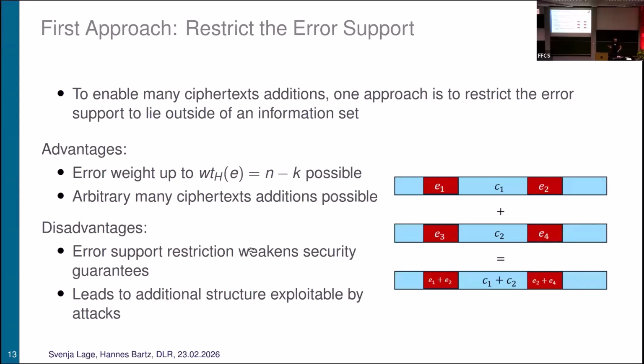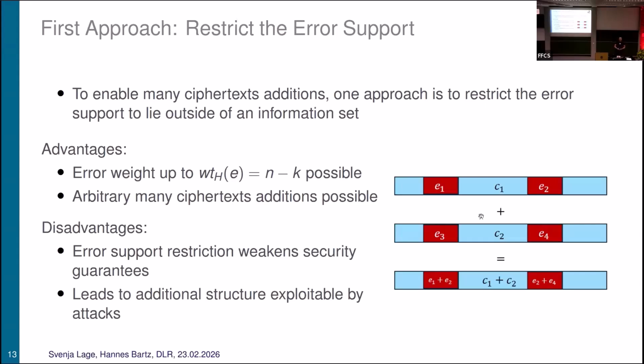We've seen that the addition of several ciphertexts can be an issue because it can increase the error weight. However, what you can do is restrict the support of your error, saying that if you take two ciphertexts and add them, they must have the same support. Then I hit the same erroneous positions when I perform the sum, and I can add up as many ciphertexts as possible.